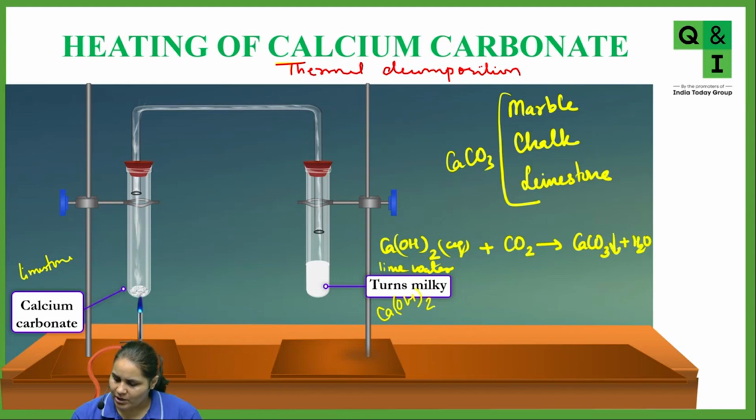Now this calcium carbonate forms a white precipitate. It is insoluble in water, so it turns lime water milky. Am I clear?